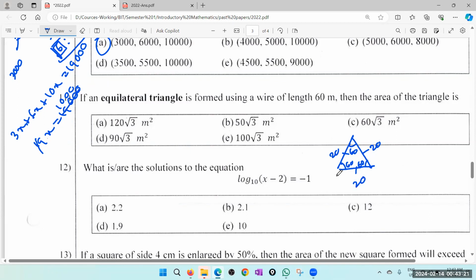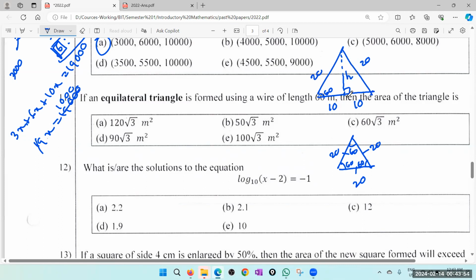Then the area of the triangle is... So it's a small trigonometric question, or maybe we may use the Pythagoras theorem also. If you draw a perpendicular here, or altitude, this is going to be bisected. So this will be 10, because altogether 20, and this is 20, and this is 20, and this is 60. Now if I find this altitude, I'm done because I know the base.